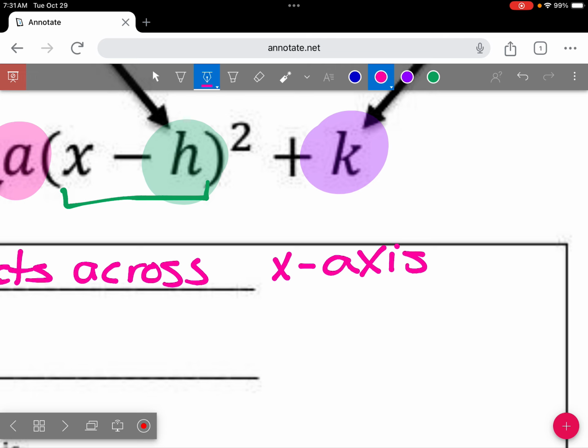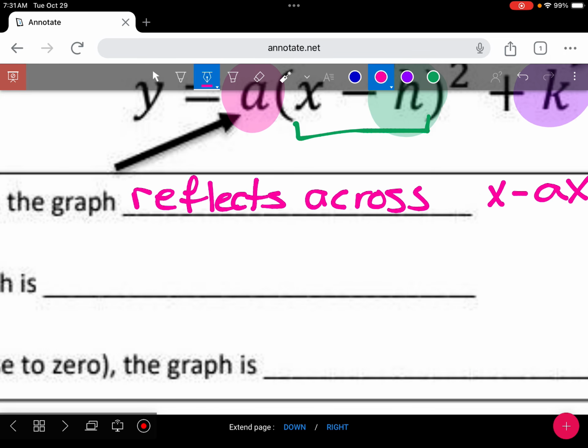If I have a big number. It's a stretch. That's when we do our big kid yoga, and it gets up really, really tall and really, really skinny. So it took our absolute values and made them really, really tall. So if we have big numbers, that's when we do our big kid yoga, and it is a stretch. This is a vertical stretch.